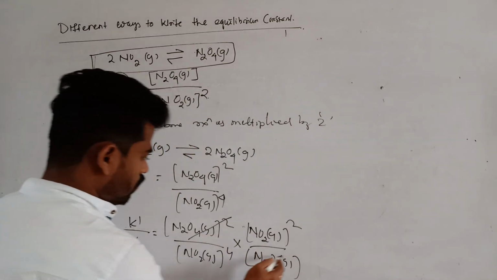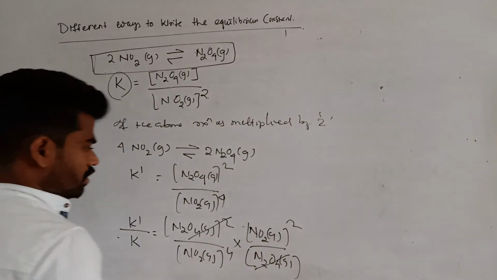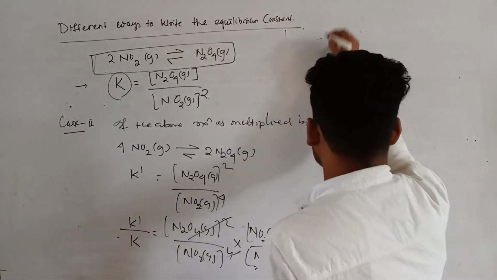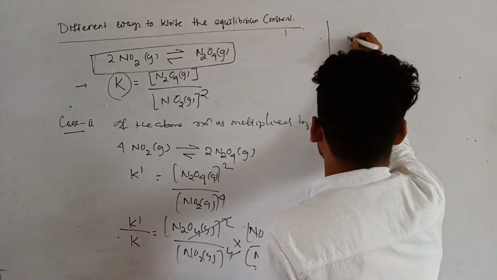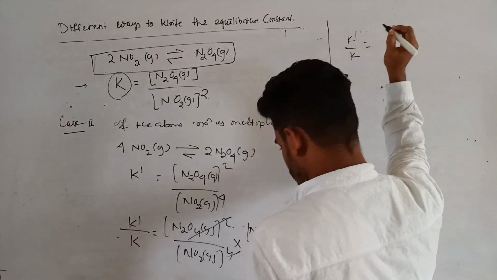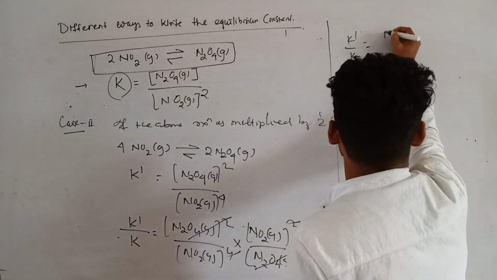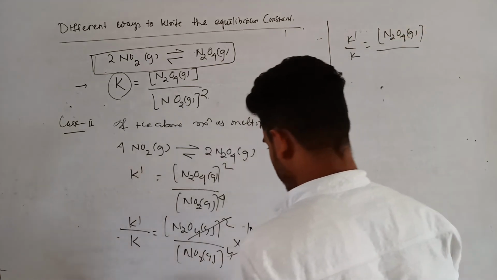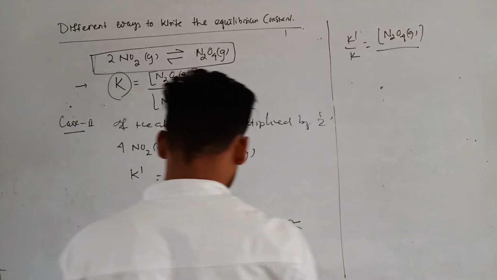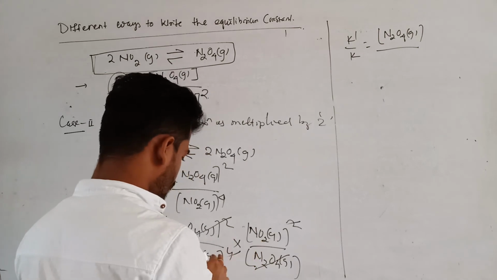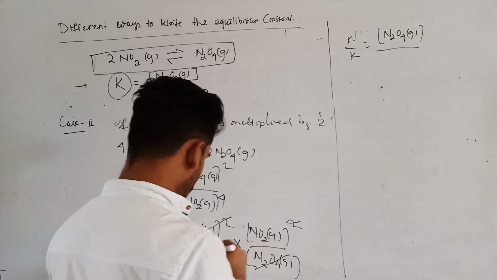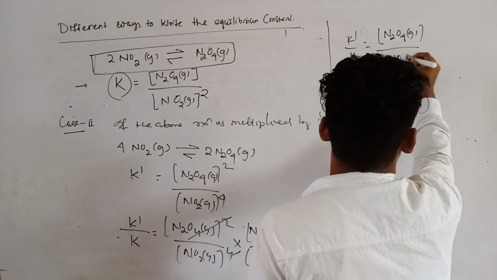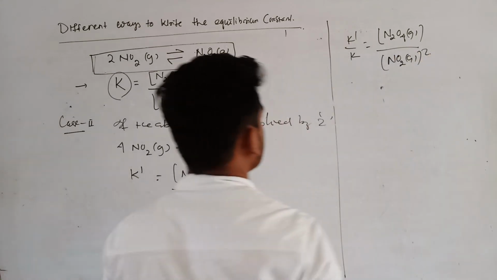Now 1 N2O4 gets cancelled. So here this power also gets cancelled. So what I am getting over here is K dash upon K, that will be equal to N2O4 gas divided by NO2 gas whole square.